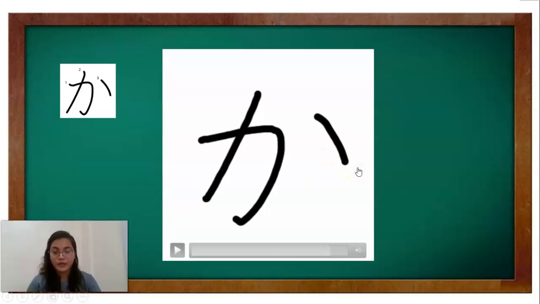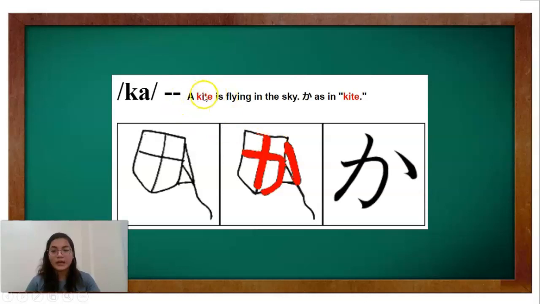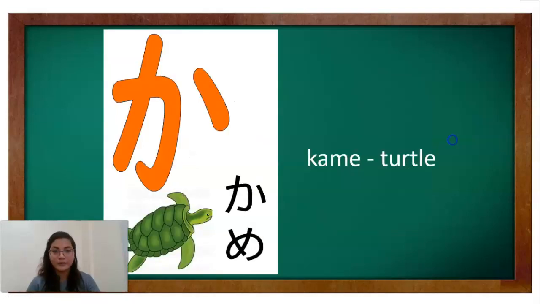To easily imagine this character, imagine a kite flying in the sky. So Ka as in kite. Okay, here is an example. Kame. Kame means turtle.